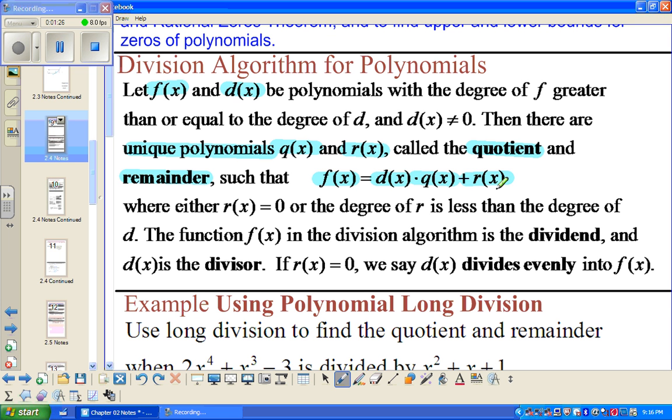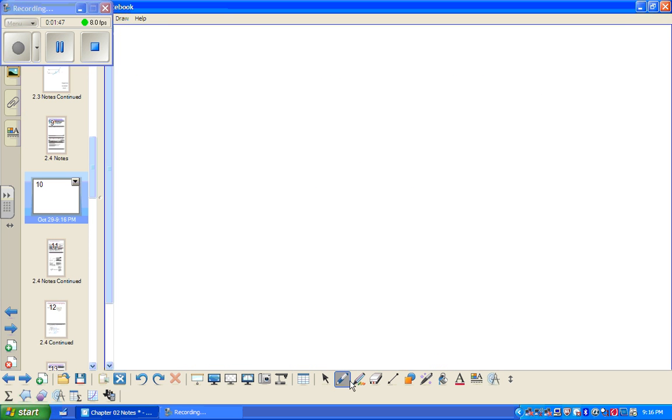That's basically saying if you take f of x divided by d of x, your quotient, or the result that you will get, is q of x. And then you would have to add to that any remainder if there was one. An easy way to look at that would be if you look at it this way.